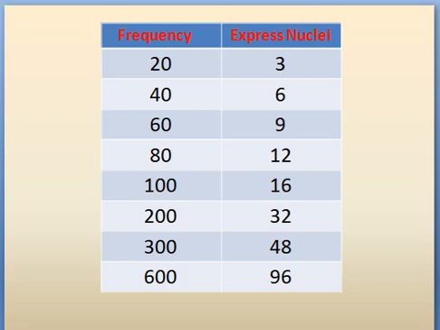So if you increase the magnetic field B0, you get better and better NMR, and the peak separation and other properties show very clearly.